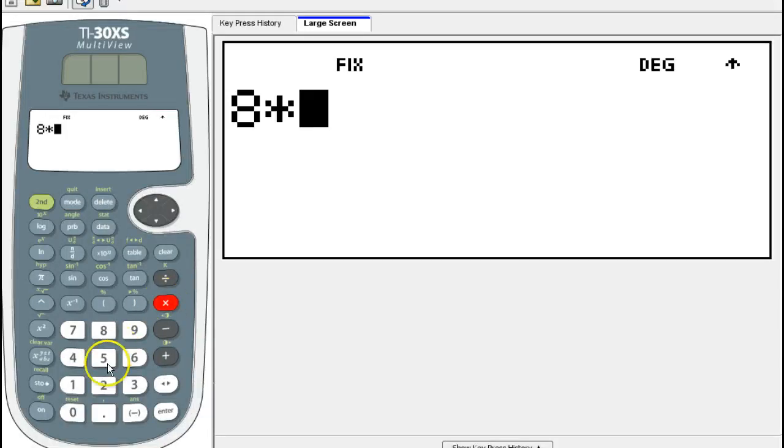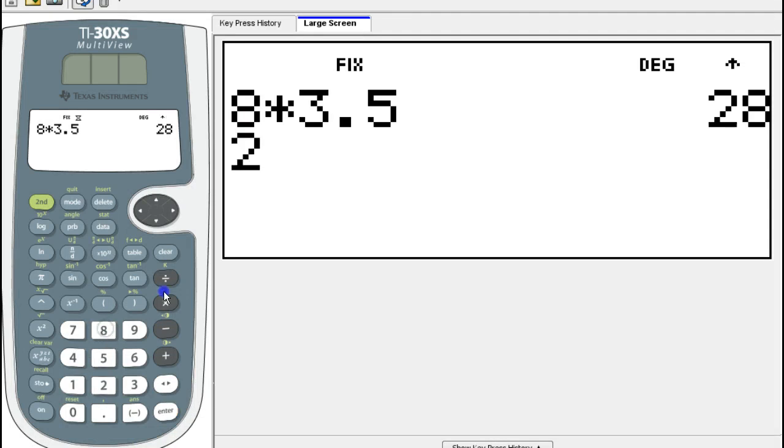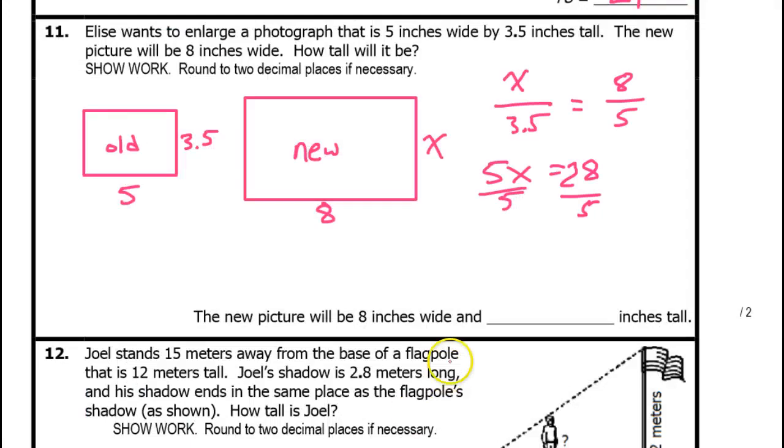So 8 times 3.5 is 28. And then of course I need to divide both sides by 5. And that is 5.6. All right, so it will be 5.6 inches tall.